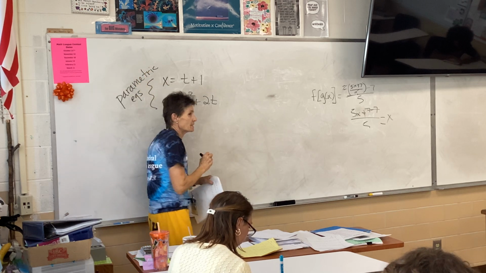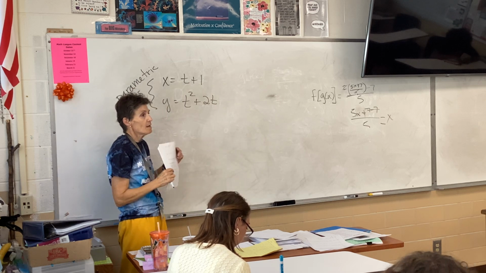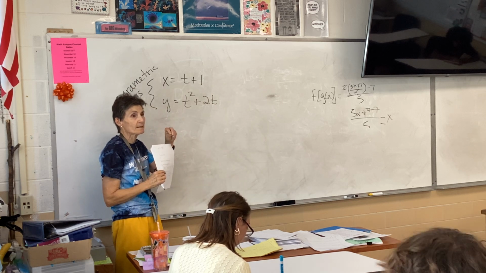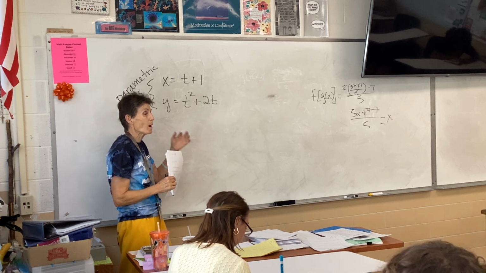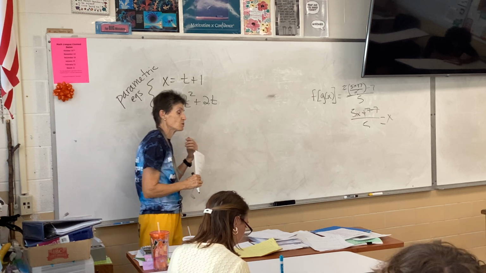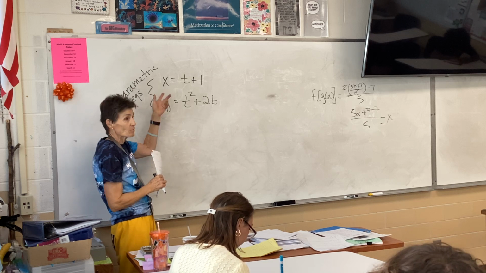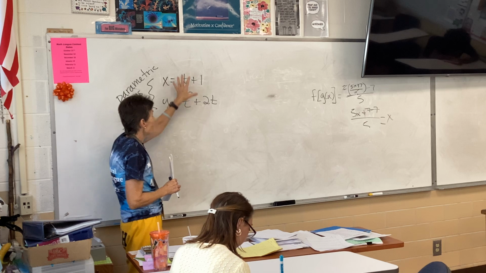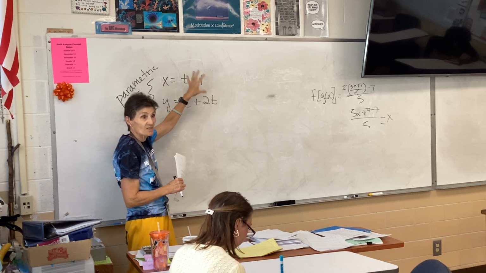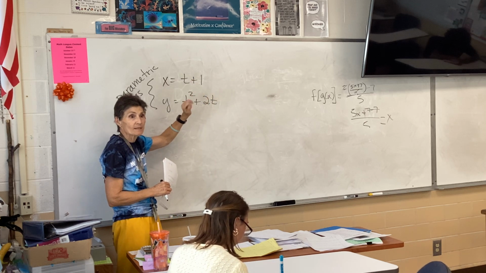You guys in physics may have encountered these because they are used a lot when we describe how an object is moving or where it is located after a certain amount of time. So parametric equations, always x equals, y equals, and then some stuff involving t. That's what they look like.